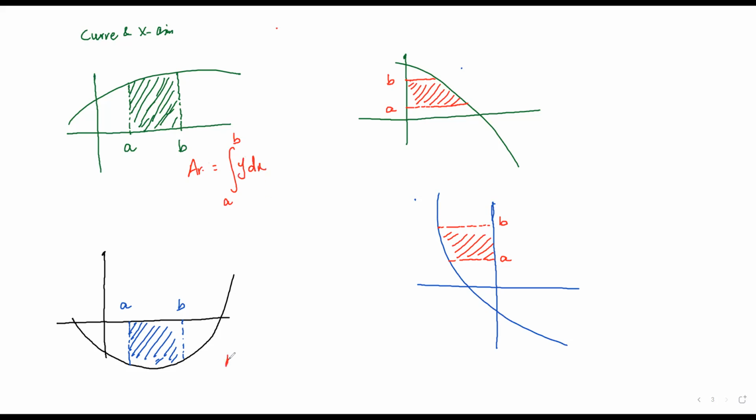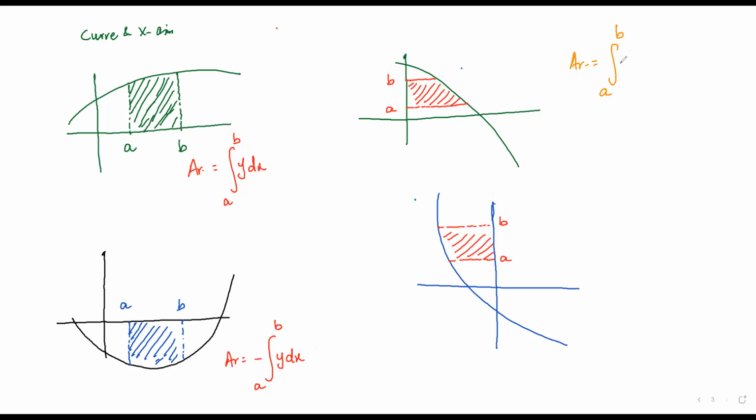Here the area would be, we'll have to put a minus before that, because if you don't put that minus, your area will come out negative here. And when you have to find the area between the curve and the vertical axis, the rule is going to be, this area is going to be limit from A to B.